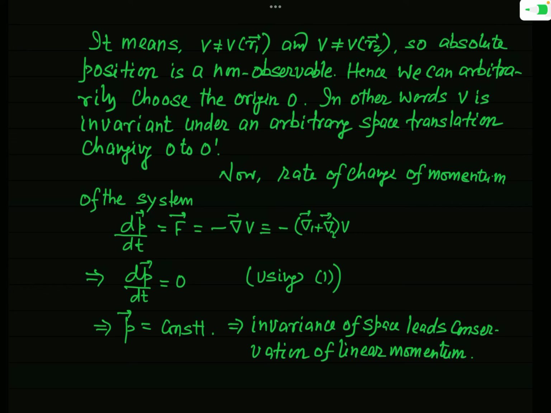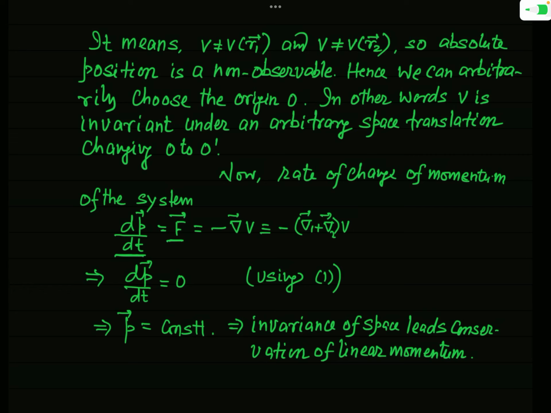Okay. Now let us see. As you know from Newton's second law of motion, the rate of change in momentum of a system is equal to the force acting on the system. So this dp by dt, which represents the rate of change in momentum, will be simply equal to the vector F. And you know that this F, the force acting on the system, is actually an internal force because this is the interaction between the two particles.